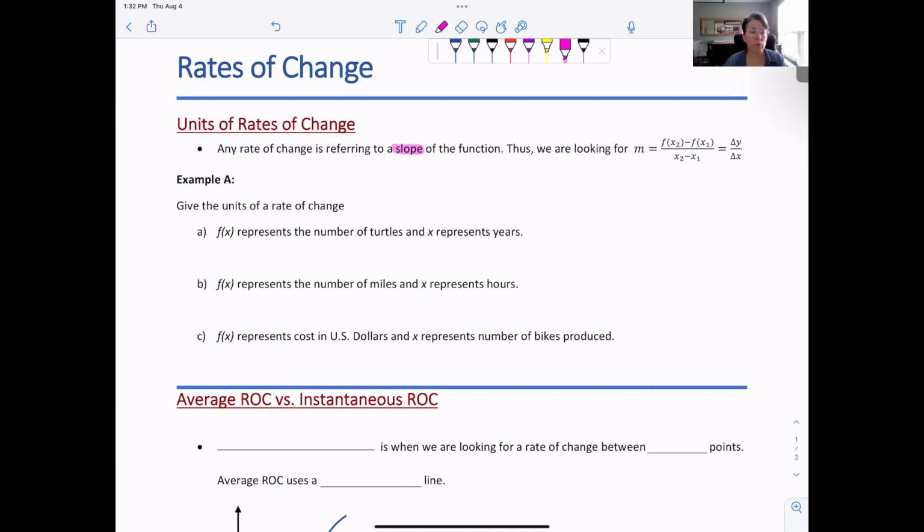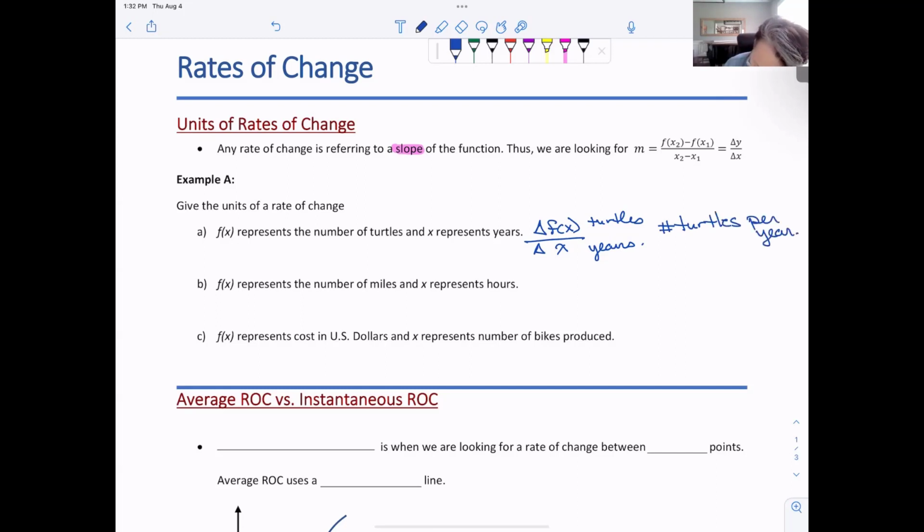So for example, if we're doing the units of rate of change and f of x represents the number of turtles, that's our output. So we're dealing with the change of f of x over the change in x, and f of x is turtles, and x is years, then the units of that rate of change is going to be number of turtles per year.